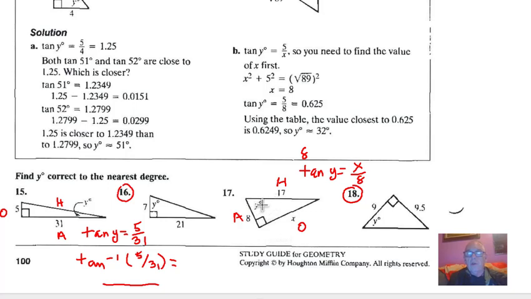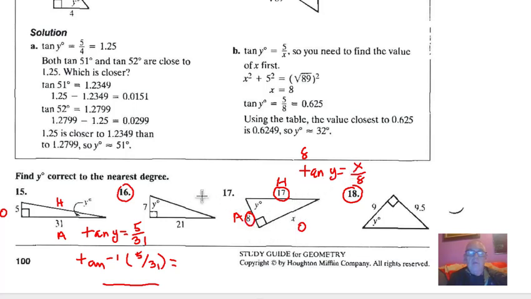Hypotenuse, okay, notice here, they're giving us the hypotenuse, and they're giving us an adjacent side. We can't really do this problem as a tangent because we've got an x and a y involved. I didn't see that at first.